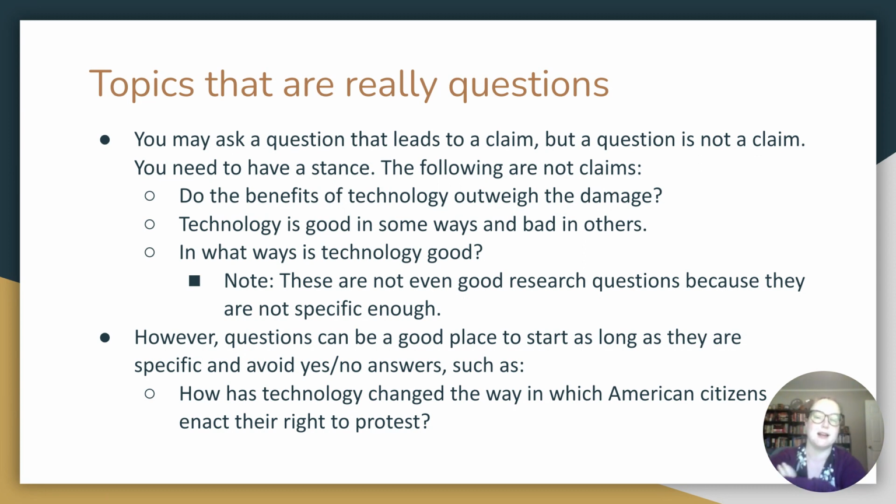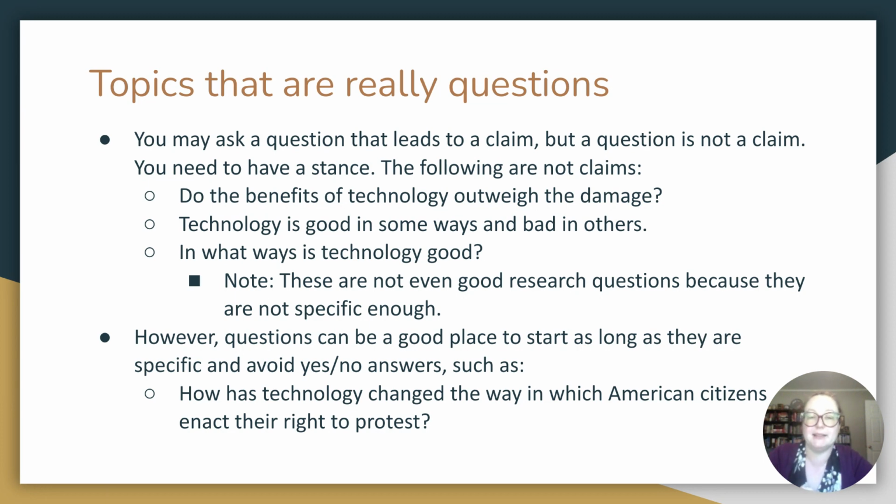The next one is not technically phrased as a question, but it is still sort of question-like because it allows you to go in any different direction. It doesn't have a direction. Technology is good in some ways and bad in others. So you've got good and bad, and you can go in any direction with that. So you want to not use something like that as your claim, because your claim, again, needs to go in one direction.